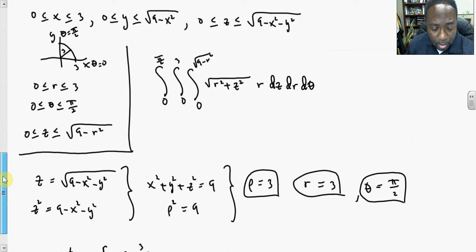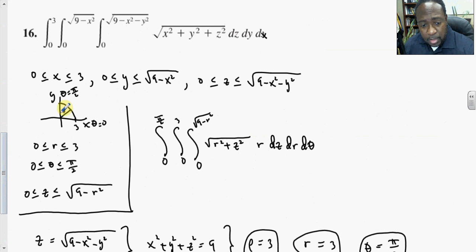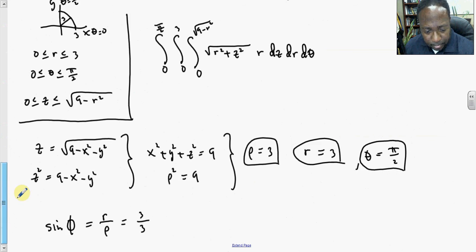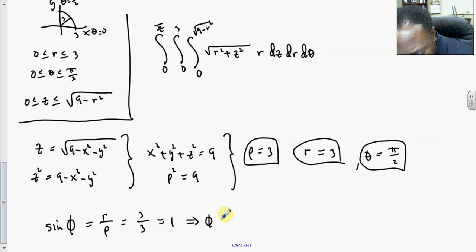Now I could have told you that the z-axis is right on top of this, and it can't go any further. So this is 1. So sine phi is equal to 1. When is sine equal to 1? When the angle is pi over 2. This implies that phi is equal to pi over 2.